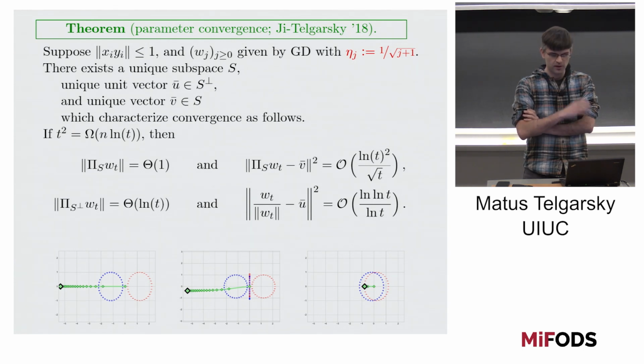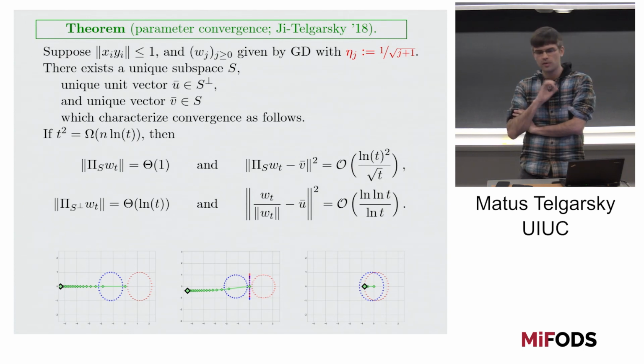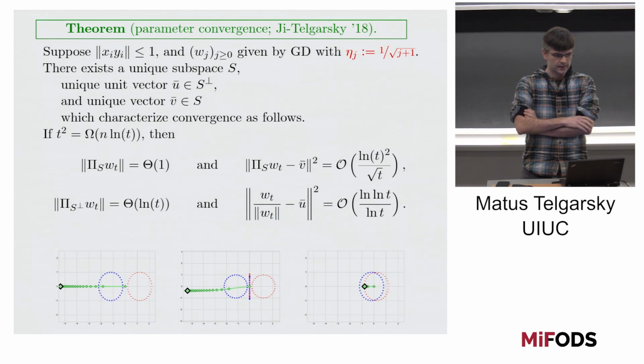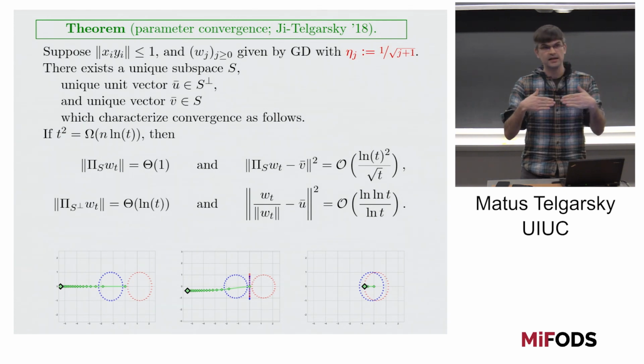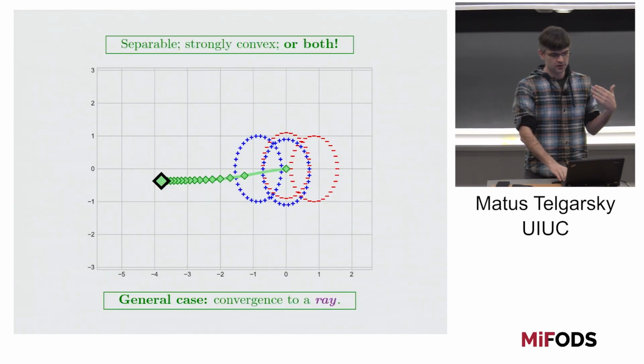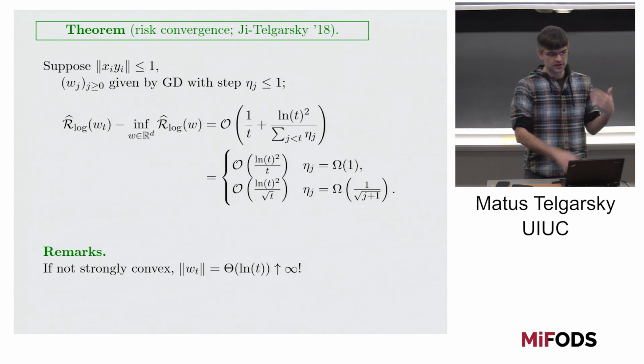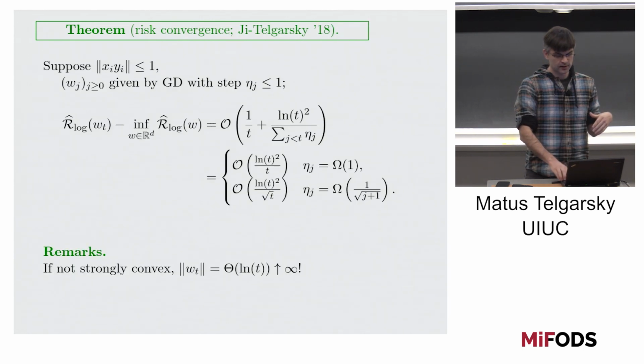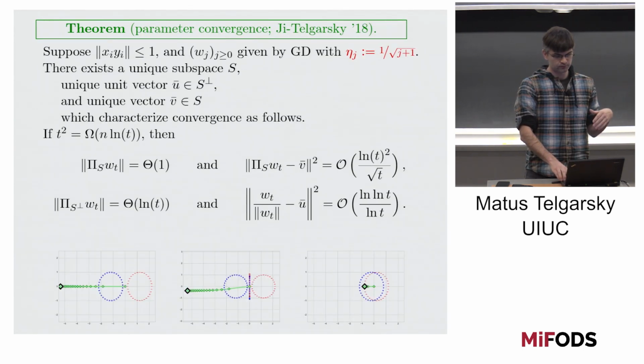I'm just requiring the iterates to be bounded. I'm not assuming a bounded global optimum. I'm not assuming strong convexity. I'm not assuming all these things. I'm just saying the data is bounded, and there always exists a unique ray, just like that purple line before, defined by the data, so that gradient descent follows this path.